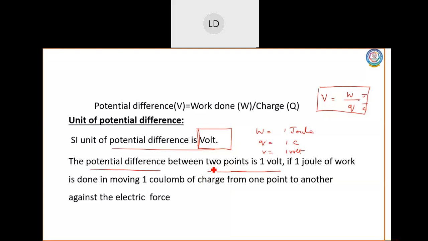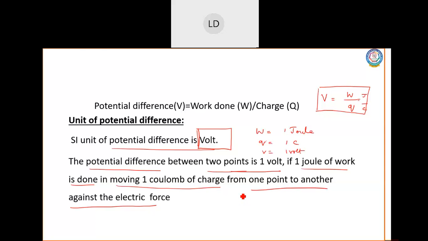So the potential difference between 2 points is 1 volt when 1 joule of work is done in moving 1 coulomb of charge from one point to another against the electric force. This is nothing but what you call potential difference.